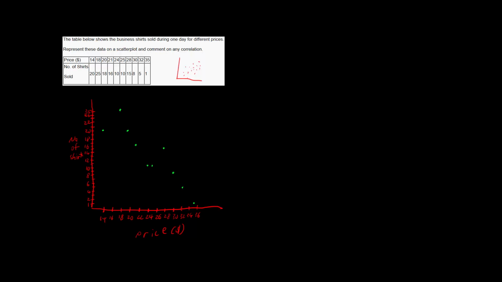Okay, so that's our scatter plot done. So it's just a plot of all of the data points as single points. Don't join them together, just put the axes in and plot them as points.